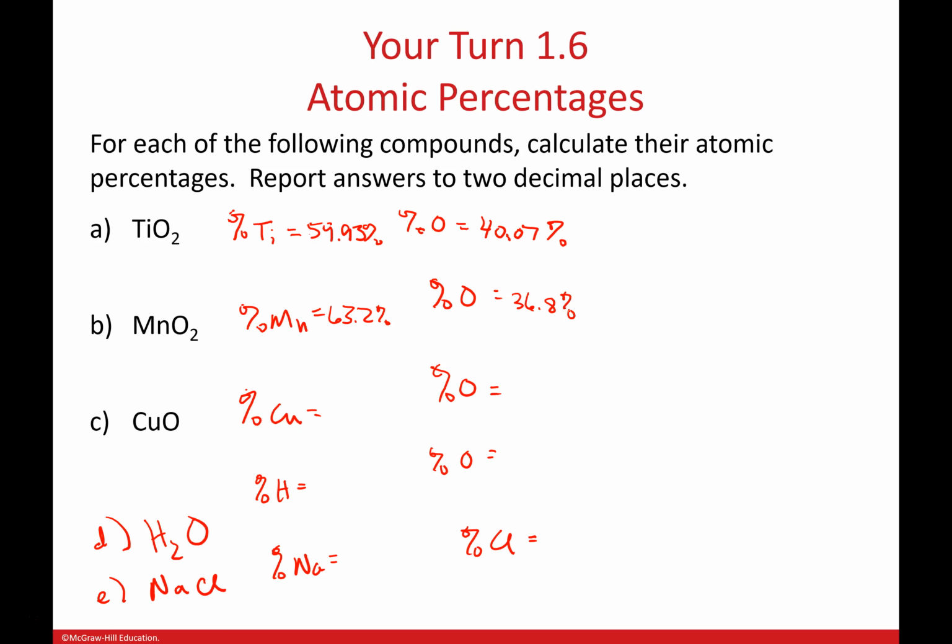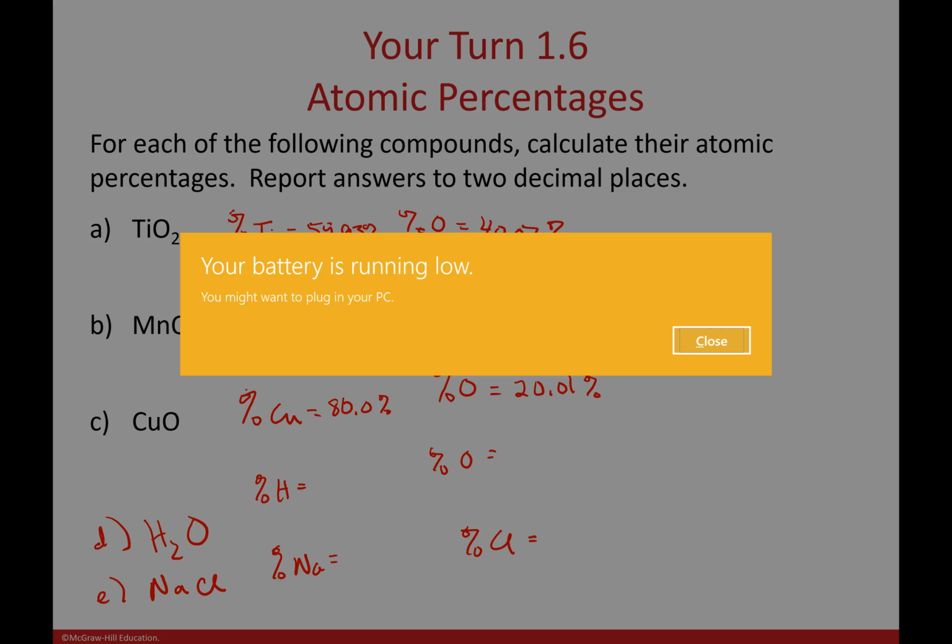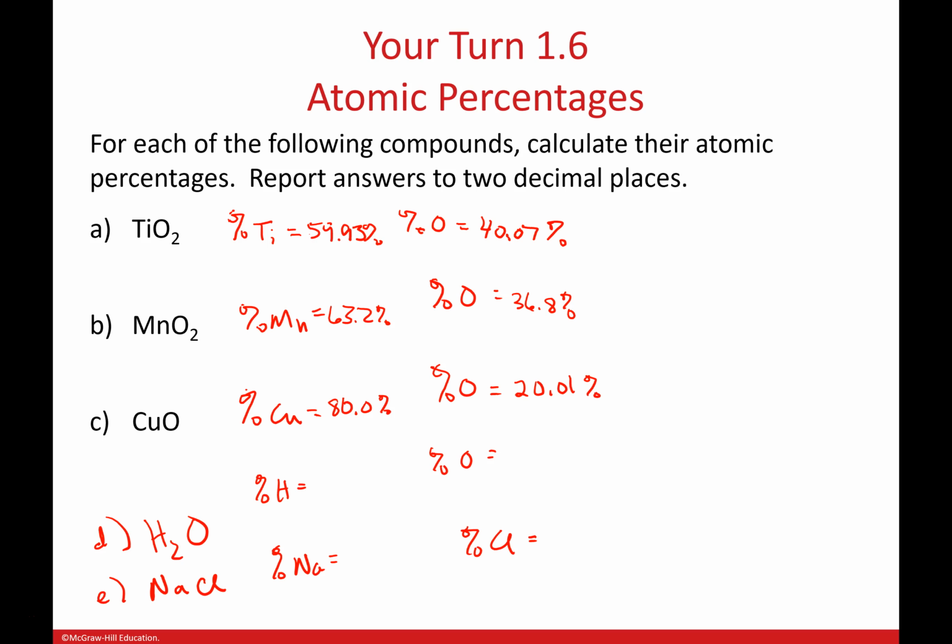Awesome. Copper is 18%, and oxygen is 20.1. Very good. Okay.